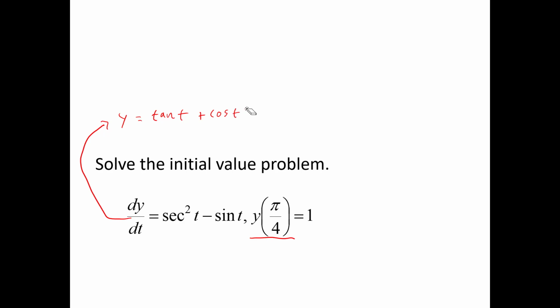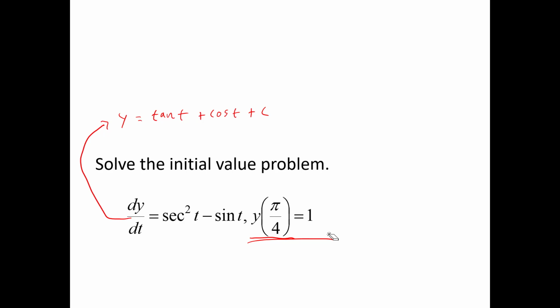But we don't know what that constant was. Any constant I put after that would still give me the same derivative, so I have the plus c. The plus c is so that you can fit your specific curve to a point. And now we can figure out what the c is by being given this input-output pair.